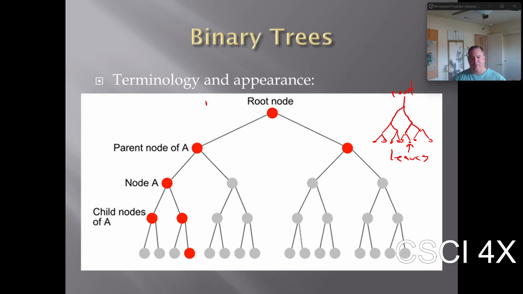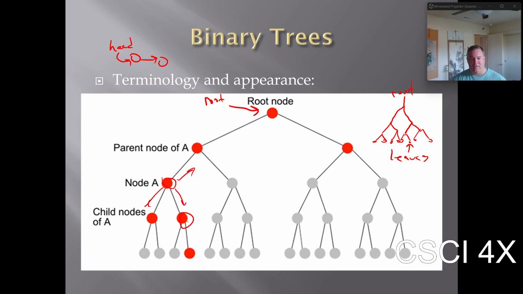Okay. So the root is kind of like the head, right? Like when you had a linked list, you'd have a head pointer pointing at the head of the linked list. The root is kind of like the beginning of the tree. That's where you enter the tree. That's where you begin every time, basically. And every node has 0, 1, or 2 children. So the root has 2 children, these 2 guys here and here. This one has a parent up there, and it's got 1 child there, 1 child there.